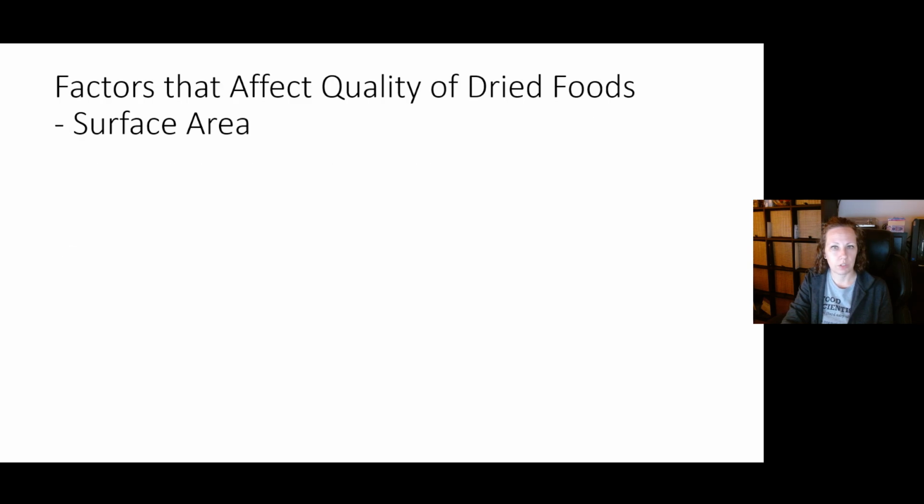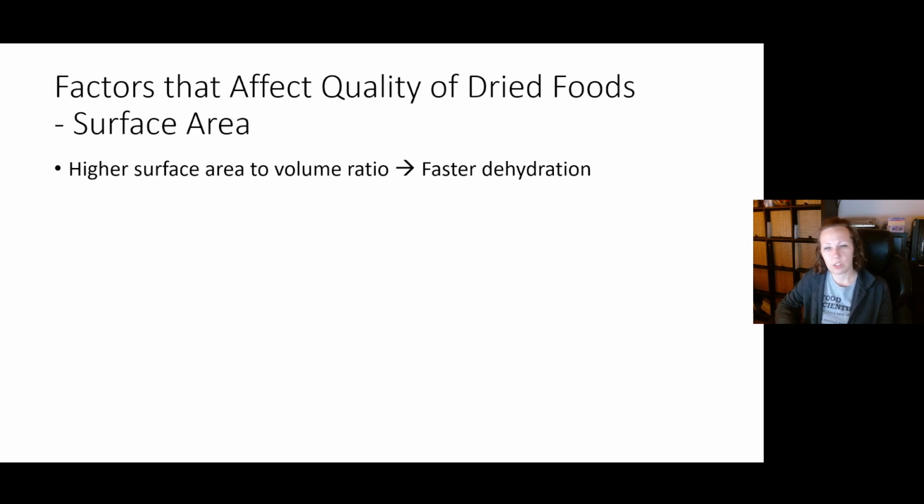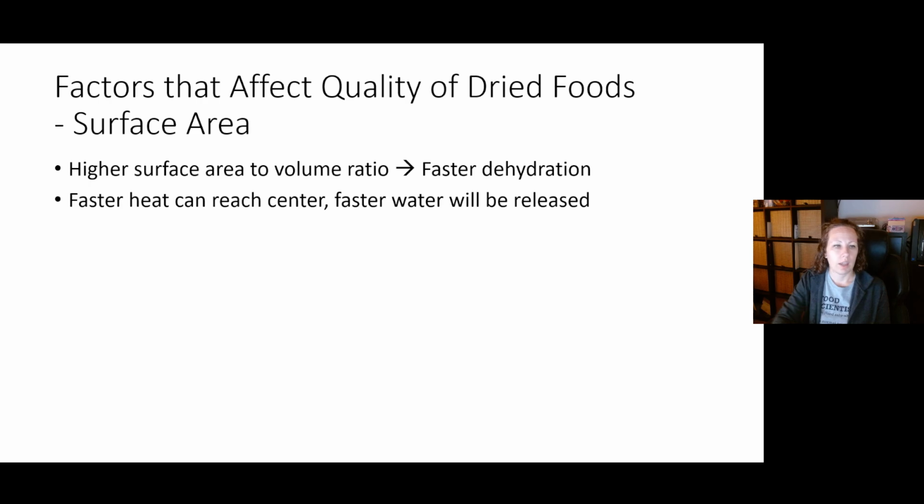So let's talk about surface area. The higher the surface area to volume ratio, so the more surface area per amount of volume that you have, the faster the dehydration is going to be. There's more area for water to escape from. And in addition to that, the faster the heat can reach the center, the faster that water will be released as well.